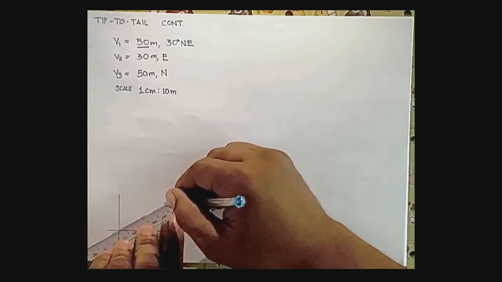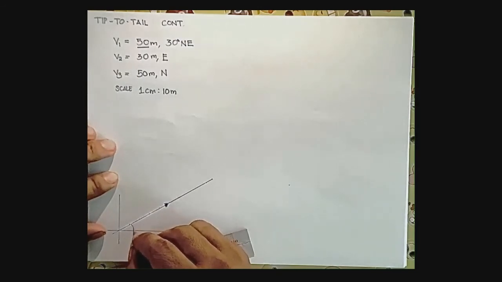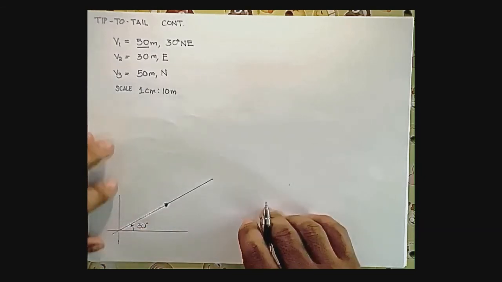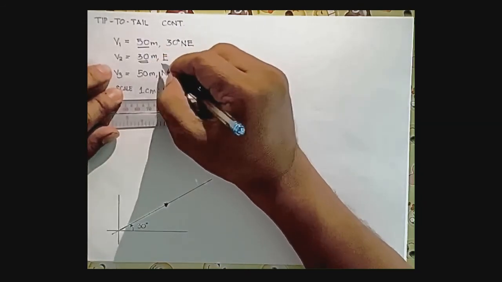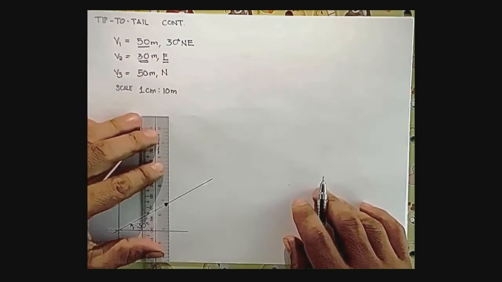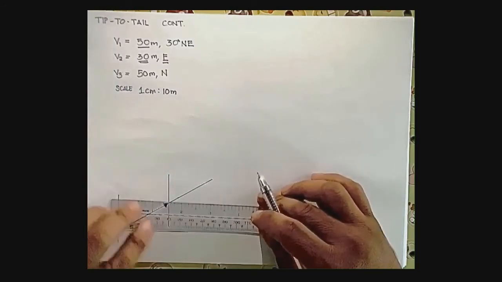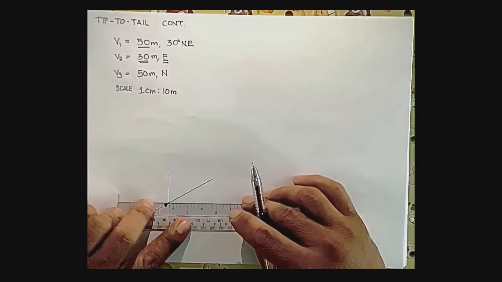Make the solid line that will represent vector number 1. And of course, the angle again is 30 degrees going north. That's the symbol, going to north. Then the next vector is 30 meters east. So this will now be the characteristic of the tip to tail. The tip of the first vector will be connected to the tail of the second vector, which is vector number 2.